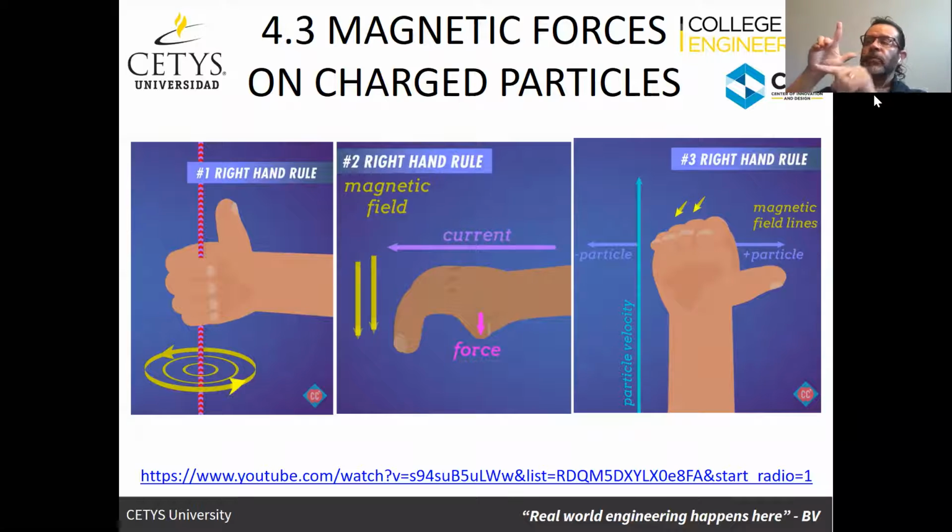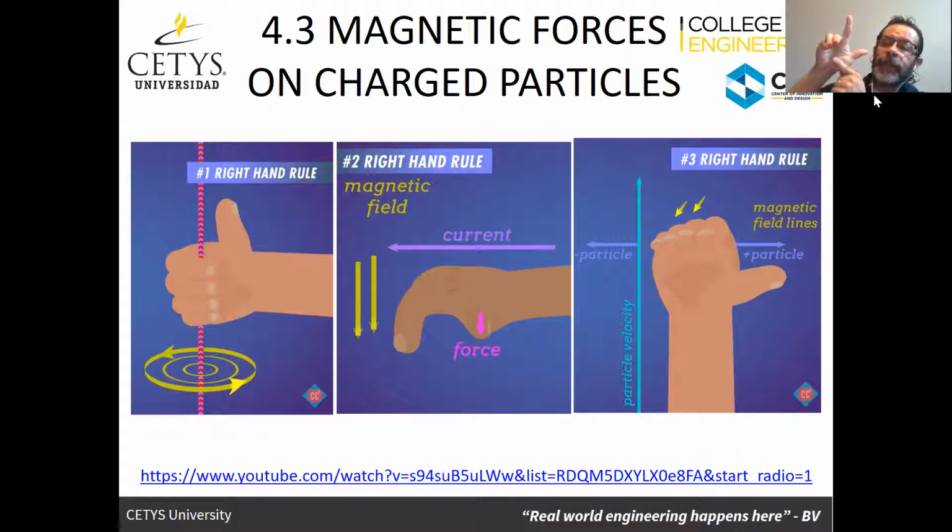Index is velocity, the rest of the fingers is the magnetic field. If the charge is positive, the thumb indicates the direction of the force. If the charge is negative, then the force is going opposite of the thumb.